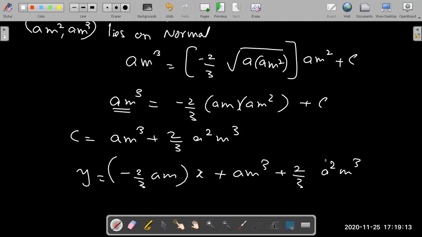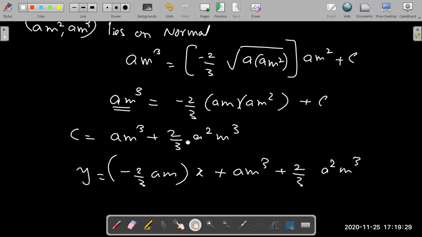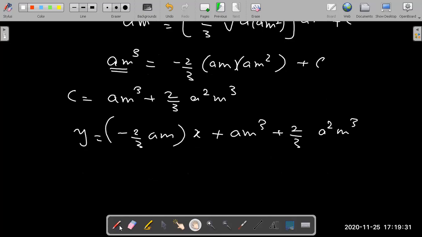So m cube is m to the power of 4 there. Okay, m to the power of 4. So let's multiply this with m and then we'll see. Yeah, the answer is the same, but it's just rearranged and done in a different way.